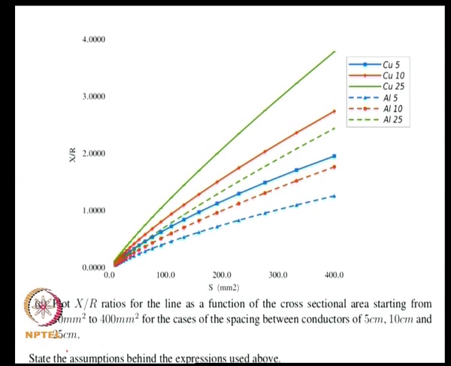You can see that when the cross sectional area of the conductor is small, you have low values of x by r, which means that the wire is almost resistive.